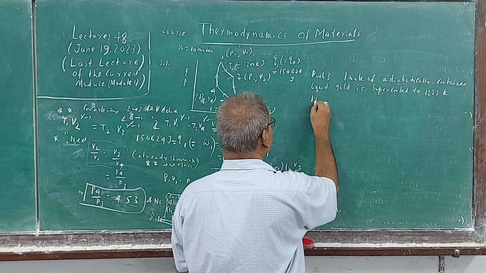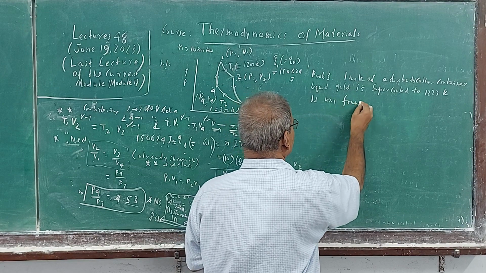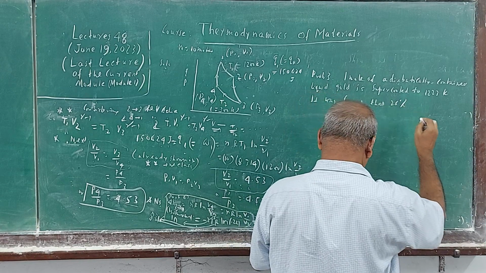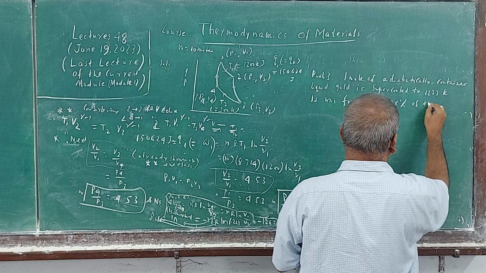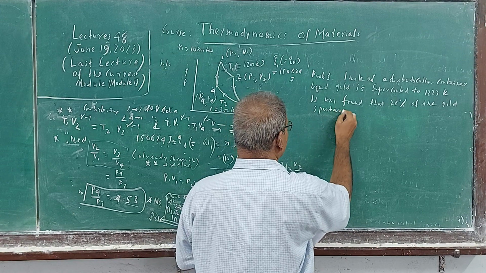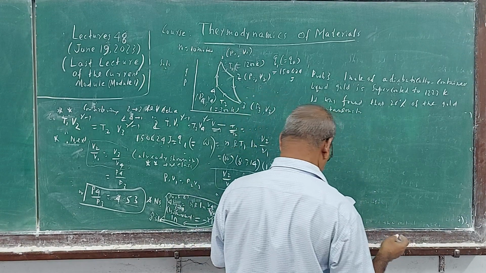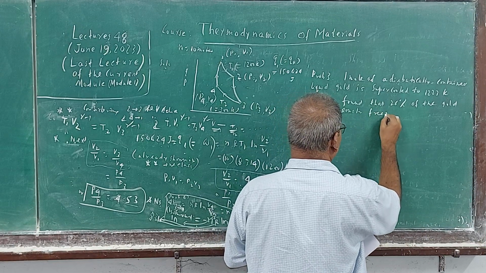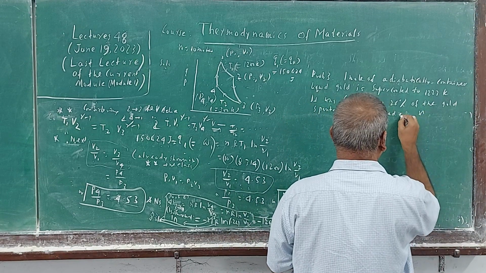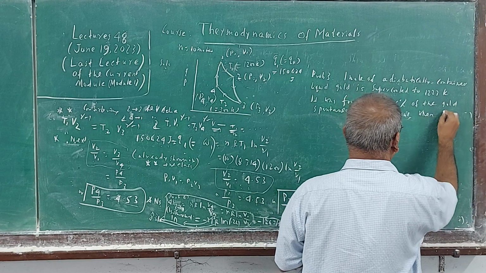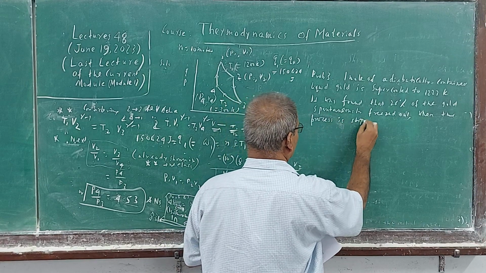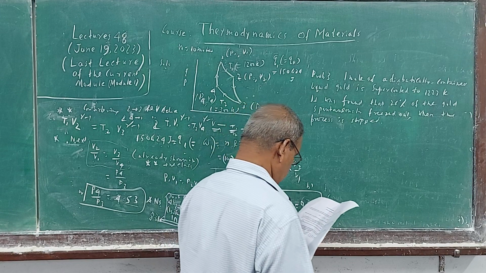It was found that 26% of the gold spontaneously froze out when the process is stopped. Happy? Okay. Find the entropy change.